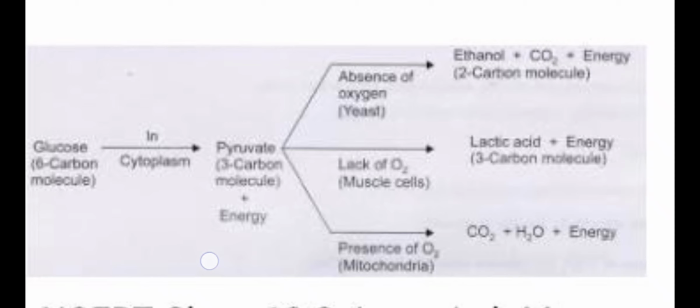The pyruvic acid undergoes fermentation and results in the formation of ethanol, carbon dioxide and energy. If it occurs in presence of oxygen, that is the last reaction, then it occurs in the mitochondria of the cell and the pyruvic acid is completely oxidized, as a result of which carbon dioxide, water and energy are formed.